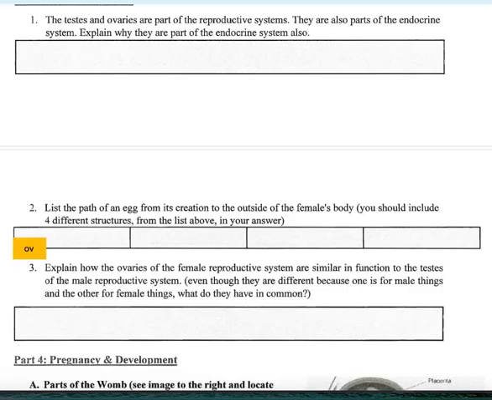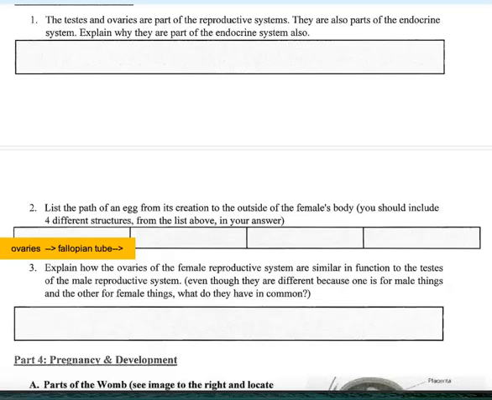So we have the ovaries. This is where the egg is released from. Then it travels through the fallopian tubes. And remember, there's little hair-like structures in the fallopian tube that help move the egg along. It's in the fallopian tube that the sperm will meet the egg. And if the egg is fertilized, it becomes a zygote.